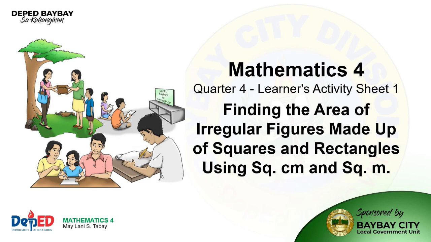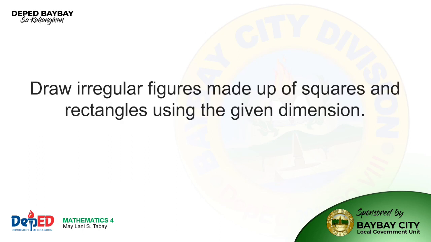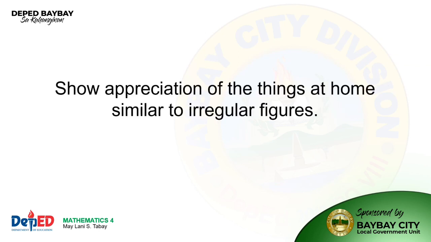After going through these activity sheets, you are expected to find the area of irregular figures made up of squares and rectangles using square centimeter and square meter. Draw irregular figures made up of squares and rectangles using the given dimension. Show appreciation of the things at home similar to irregular figures.